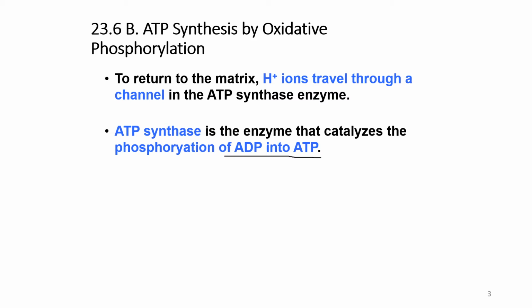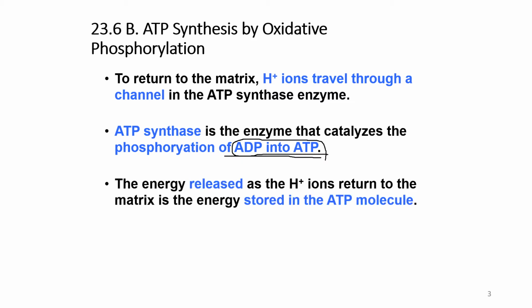So we've got a constant pool of both of these molecules in our system, and a way to convert ADP to ATP when we need more. And we'll talk about how much we need on the last slide. So the energy released as those protons return to the matrix is the energy stored in that ATP molecule.